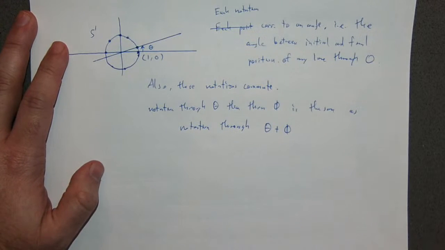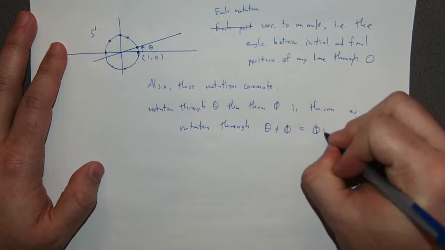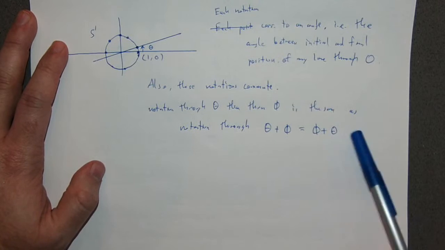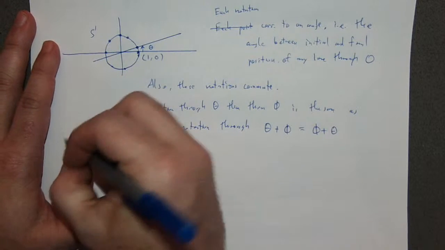And I can reverse those, right? So because that addition is commutative, well, now I can just read this backwards, right?